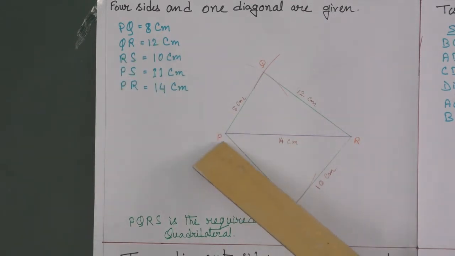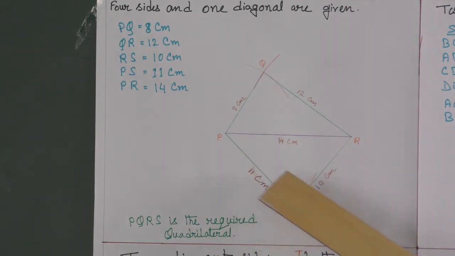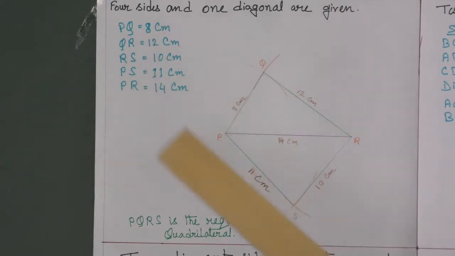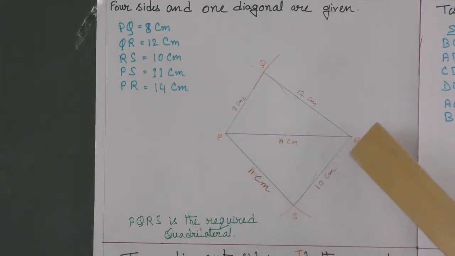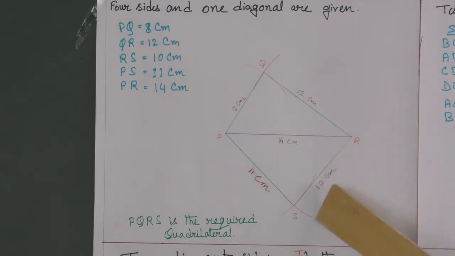So take center as P and draw an arc with the radius 11 centimeter. The point S will be anywhere on the arc. Again we can see from the measurement list, S will be 10 centimeter far from the point R. So take R as a center and draw an arc with the radius 10 centimeter.